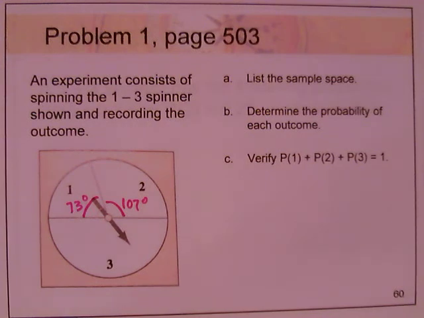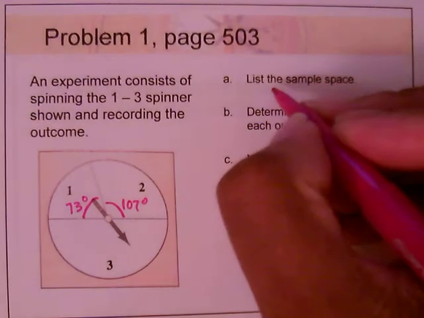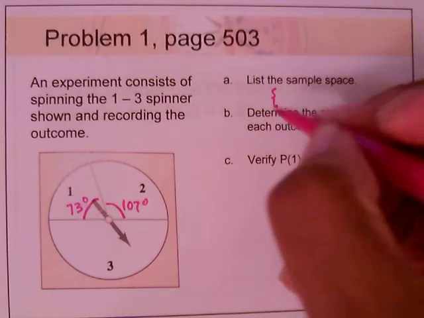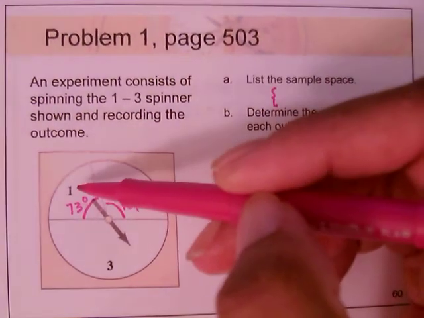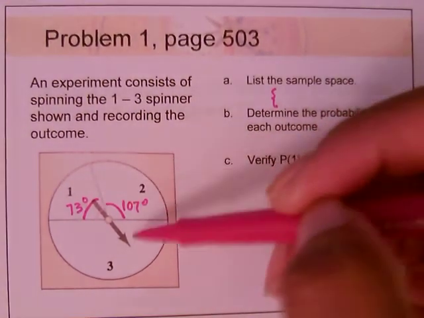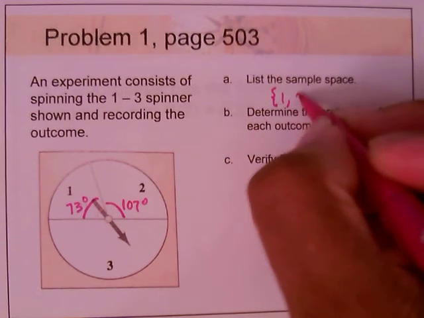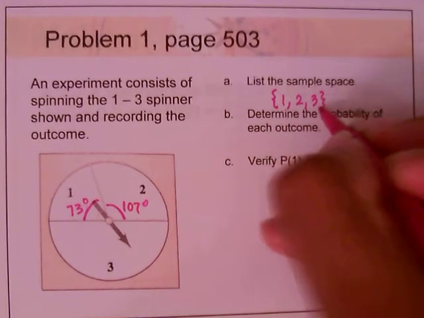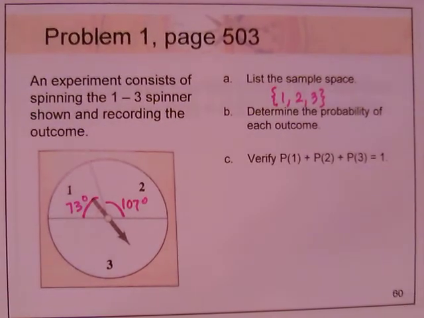Now in this case here, we're going to list the sample space. Well, the sample space consists of these numbers, 1, 2, and 3. And then determine the probability of each outcome.